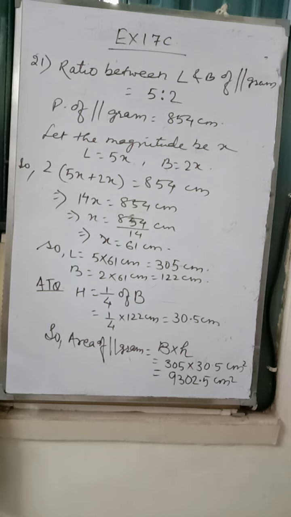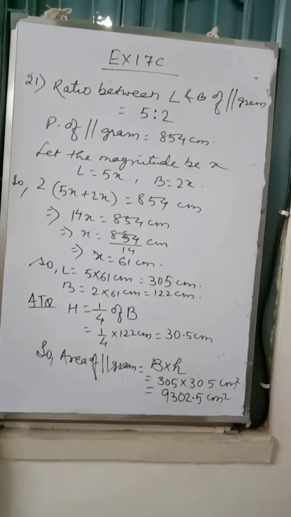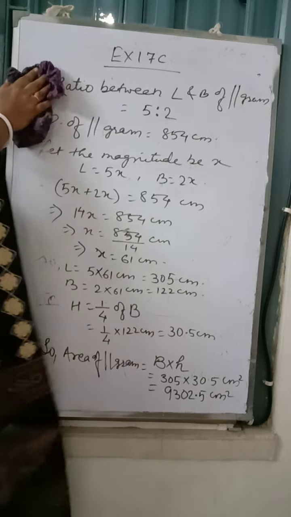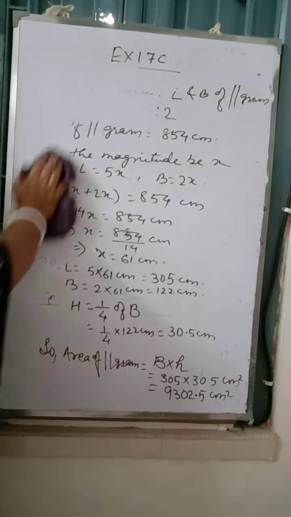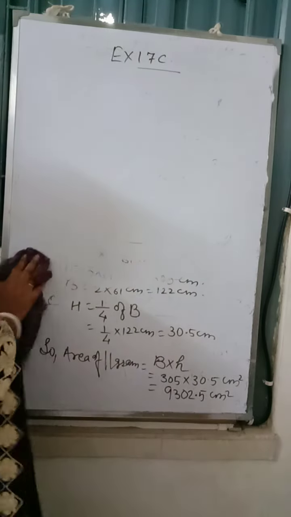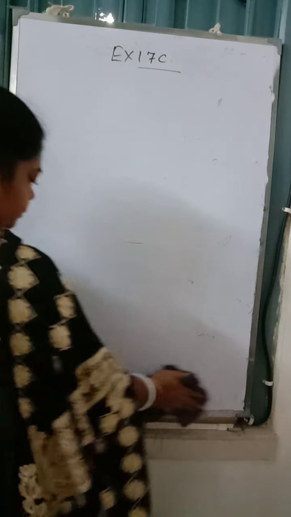Question number 22, it says the area of a rhombus is 600 centimeters square and the diagonals of the rhombus are in the ratio of 3:4. Find the perimeter of the rhombus.